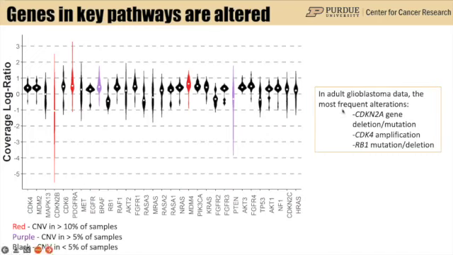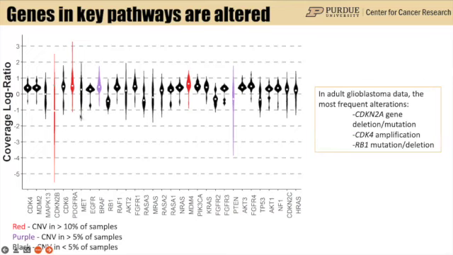And of note, in adult glioblastoma, the most frequent alterations seen were in the CDKN2A gene, CDK4, and RB1. So in this case here, we can see that CDKN2B definitely has a deletion.